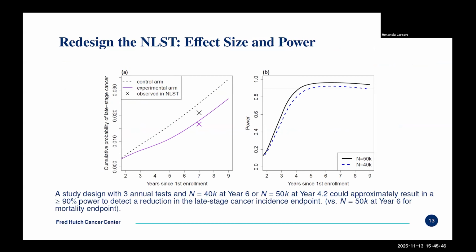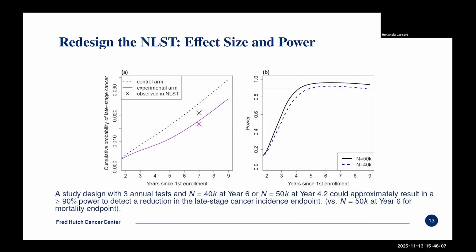We can see that at the same time of year 6, we can use fewer participants. We only need 40,000 to detect this 20% incidence reduction. That's also what was observed in the trial.